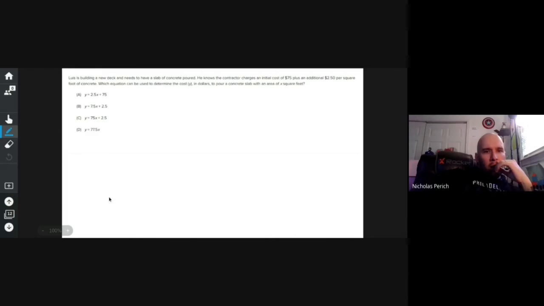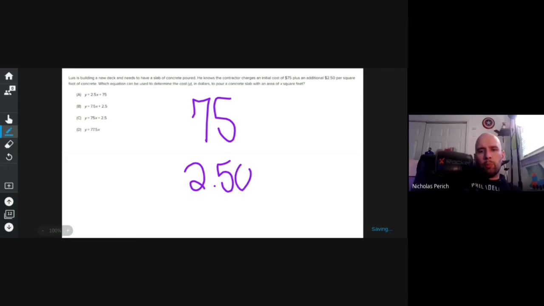Luis is building a new deck and needs to have a slab of concrete poured. He knows that the contractor charges $75 plus $250 per square foot. Which equation can be used to determine the cost y in dollars if you pour concrete? Okay, so he charges $75 plus an additional $250 per x square feet.